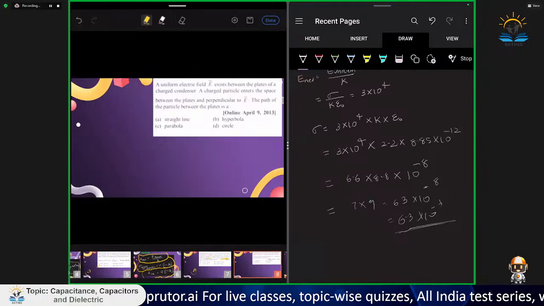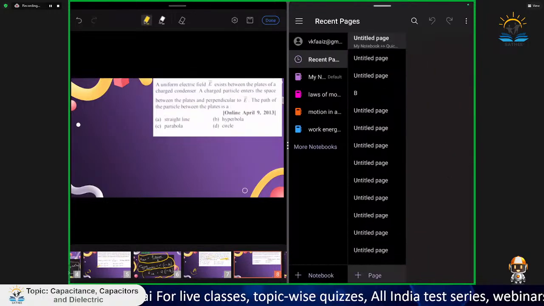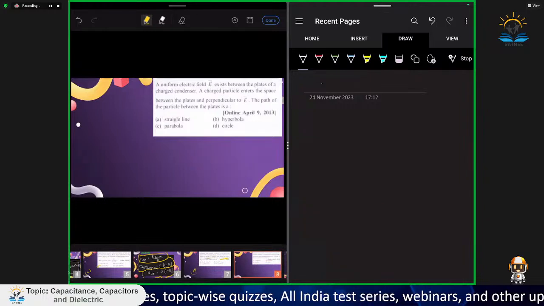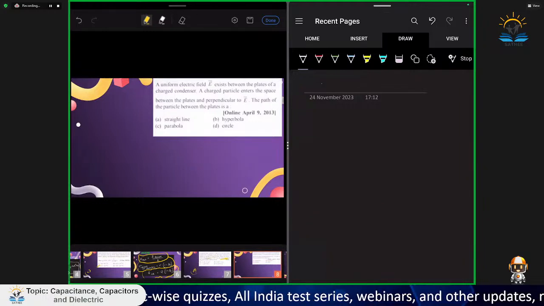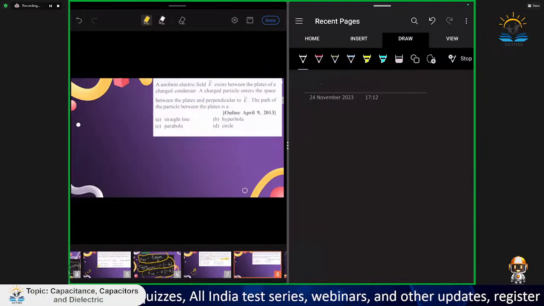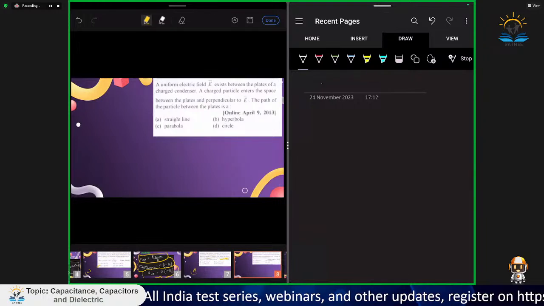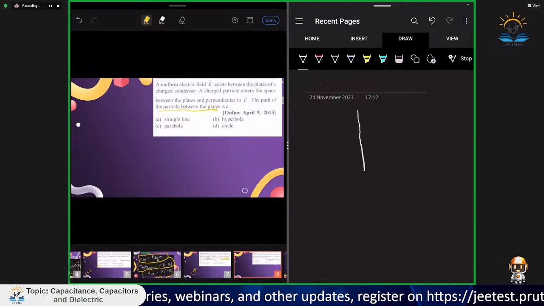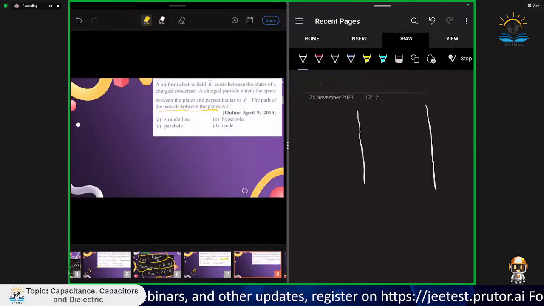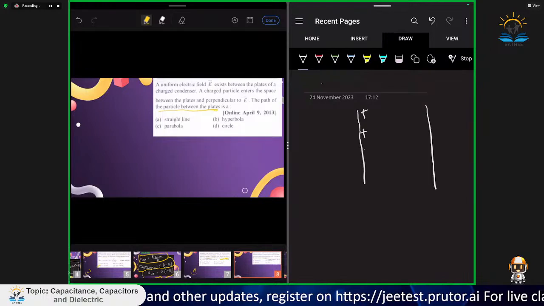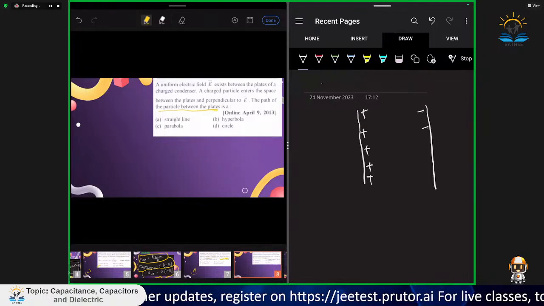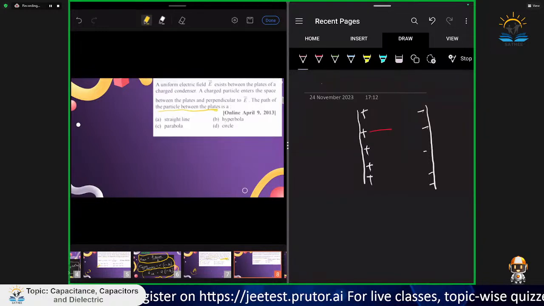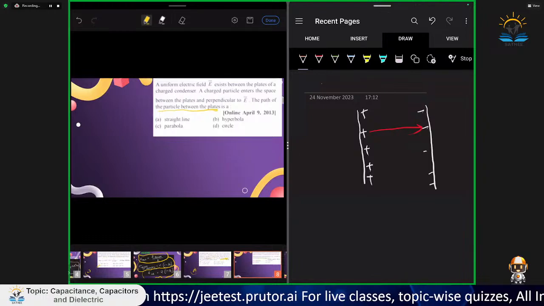Next question. It's a very easy question. A uniform electric field E exists between the plates of a charged condenser. A charged particle enters the space between the plates perpendicular to the electric field. The path of the particle between the plates is? Very simple question. See, this is the picture we will get. The electric field exists from right; this is the direction of the electric field.